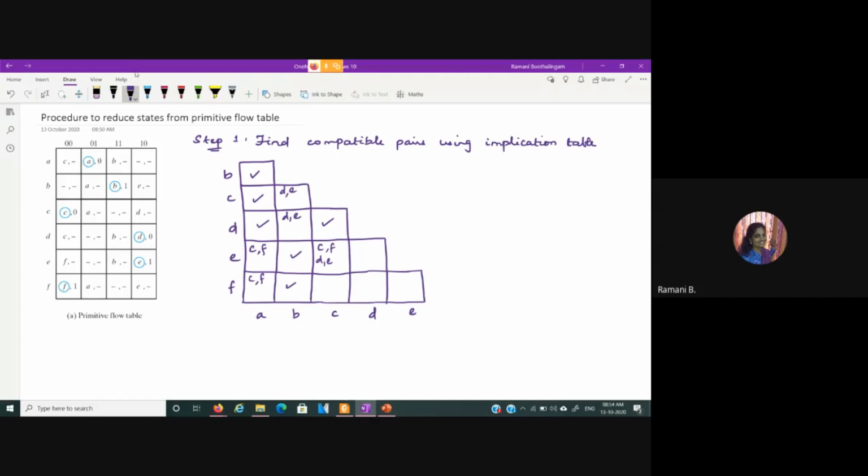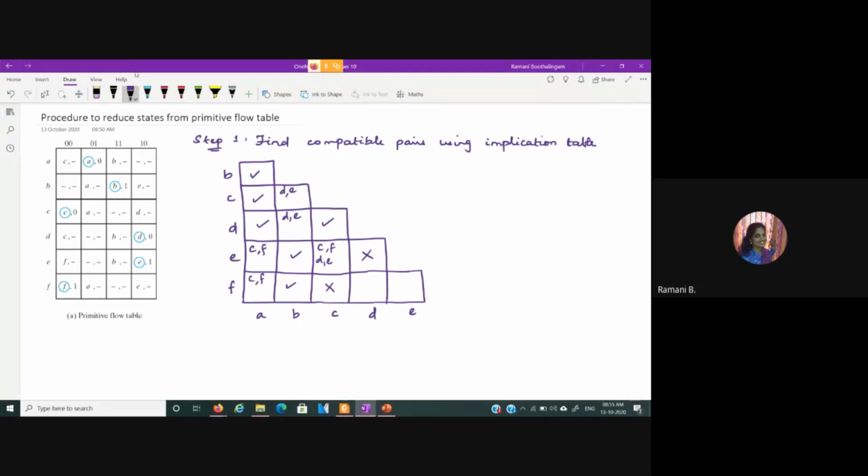However, they have different output values, so it is not compatible, and we give an X mark. Then comparing D with E, here we have C comma F. However, in the last column, D and E are stable states with different output values, so that is also not compatible. Then comparing D with F.